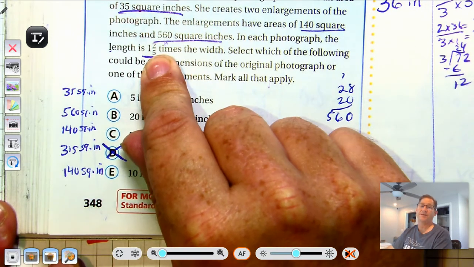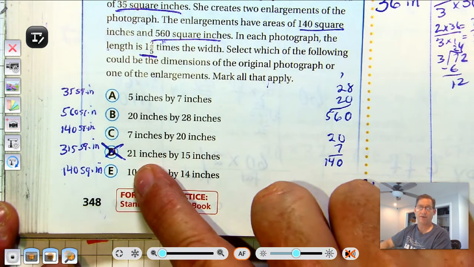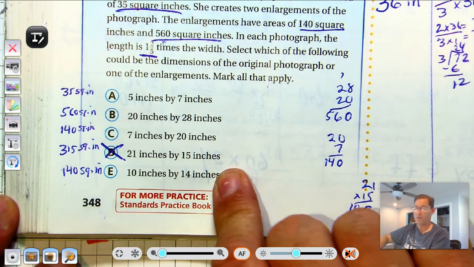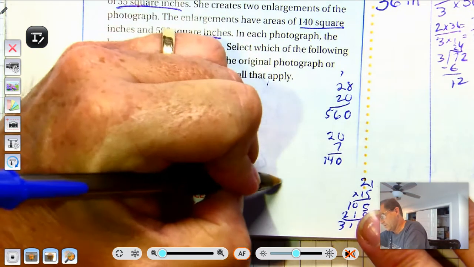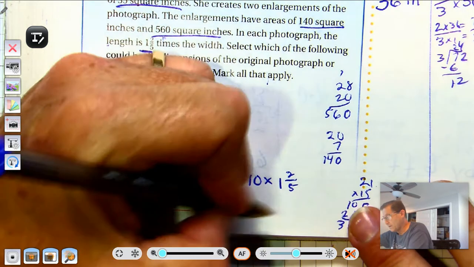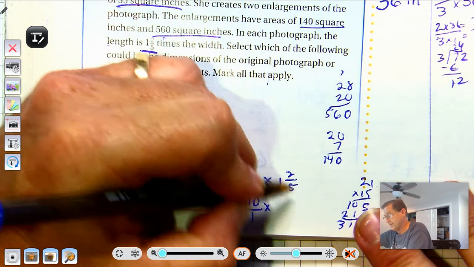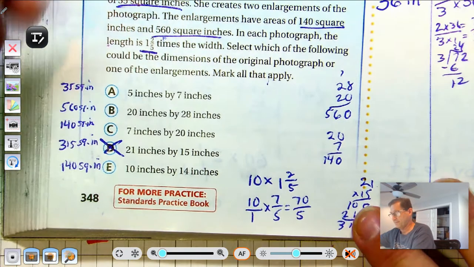length is 1 2/5 the width. So take the smaller number and see if you get the larger number. So 10 times 1 2/5. 10 over 1 times 7/5. 70/5.